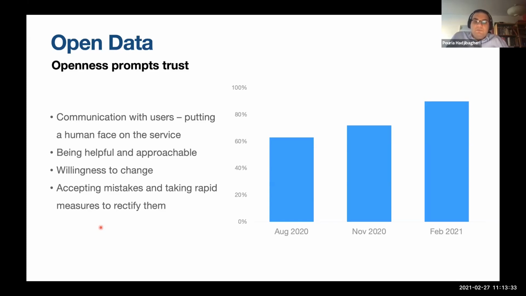We're willing to reconsider decisions if there is a good reason to do so. And we are very willing to accept mistakes when they're made and take very, very rapid measures to rectify them. So there have been instances where someone pointed out a mistake in some data. We investigated the mistake, corrected it, and redeployed the data within 2 hours of them notifying us.